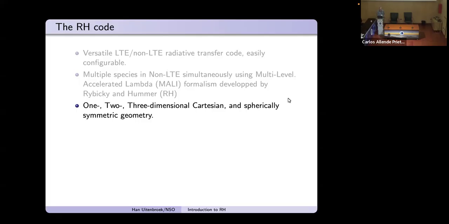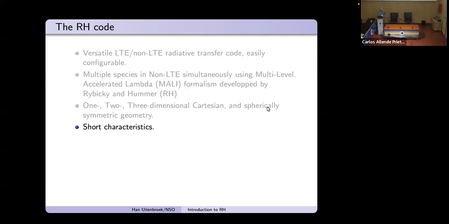All these four geometric versions share the basic non-LTE radiative transfer library that calculates the opacity, the line profiles, etc. So if you want to compare 1D and 2D or 3D results or spherical geometry results, you're guaranteed that in the background they use the same routines and they should be directly comparable.